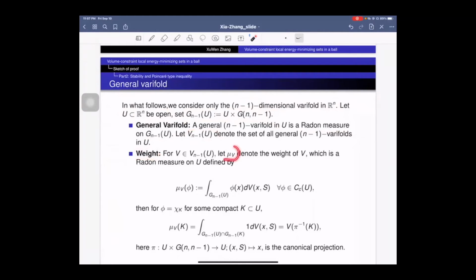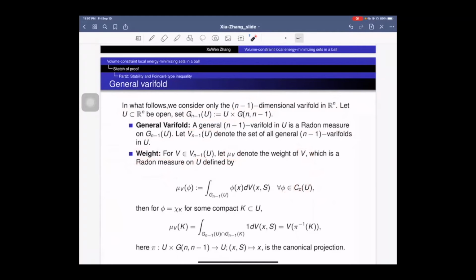We let mu_V denote the weight measure of V. It is a Radon measure on the downstairs space U, which is in R^n, and it is defined by this formula. Here, phi is taken to be any continuous function on U with compact support.